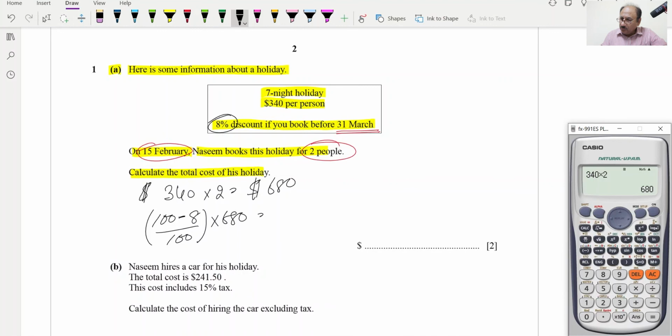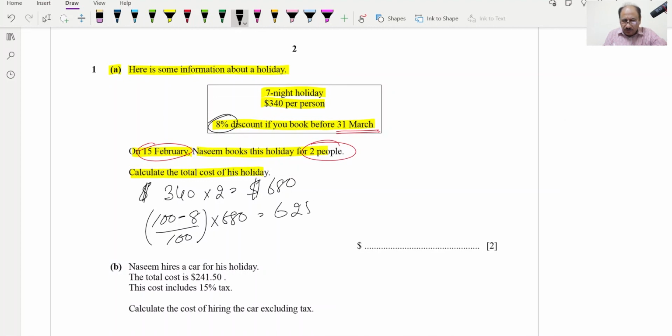We'll get the amount, which is 625.6. So this will be our final answer, and this is for 2 marks.